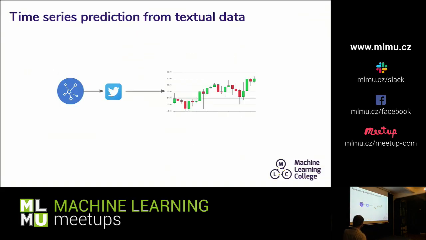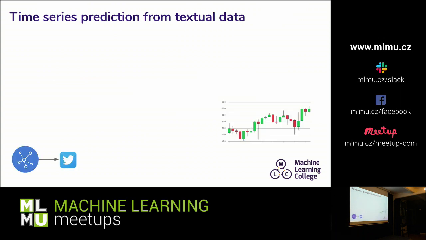My last example would be predicting, let's say, stock market movement from textual data. If you try to connect it directly, it effectively means that you're trying to learn a foreign language written in a foreign script by looking at the red and green bars, which is really, really difficult. So you're not going to do that.